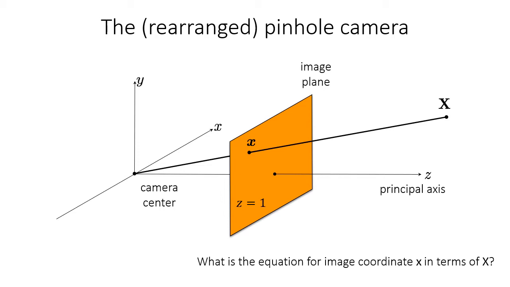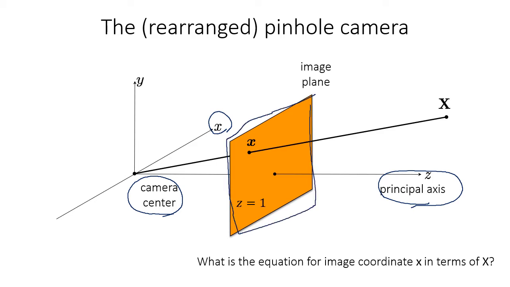So this small lowercase x, y, g correspond to the image plane. This is the camera center, this is the principal axis, and this is the image plane. And this uppercase X corresponds to the world coordinate.